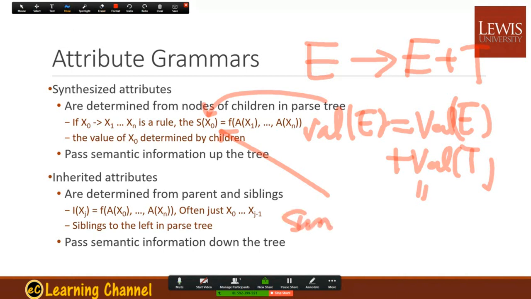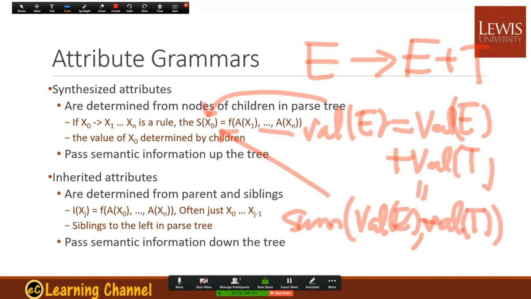It actually is the sum of the value of E plus the value of T. That is this function, so this is called a synthesized attribute.